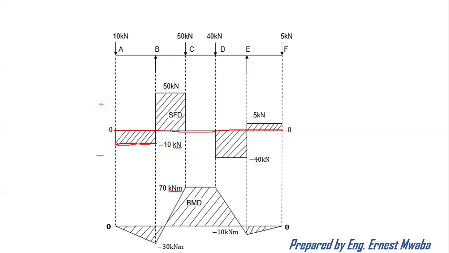Going up, B to C, this is where you had 50. So you measure out the 50 moving from there all the way up. How do you do this? You can decide to use a scale, or you can use something that makes sense.